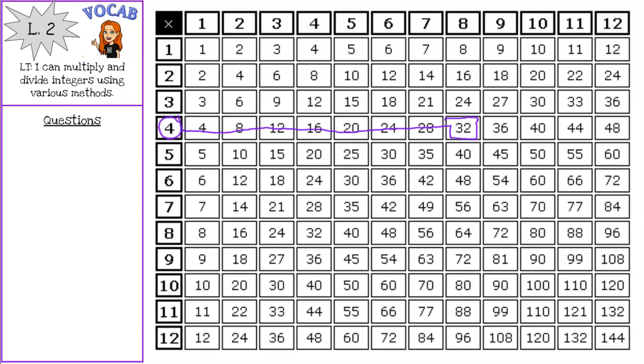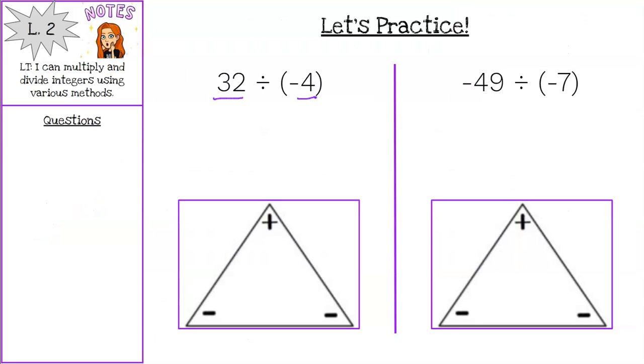So there's 32, so we have to find its match. Well, its match is 8. So 32 divided by 4 equals 8. So now if we go back to our problem, the number is 8. Now we just need to determine, is it positive or negative? So we had positive 32 divided by negative 4 equals negative 8.